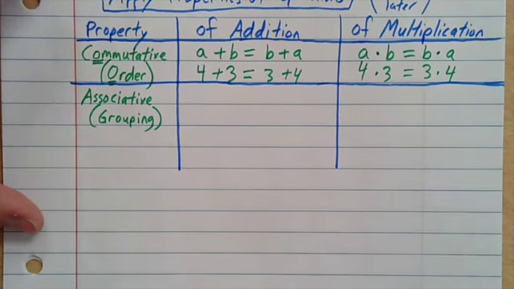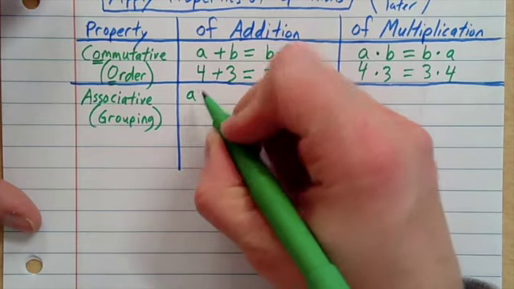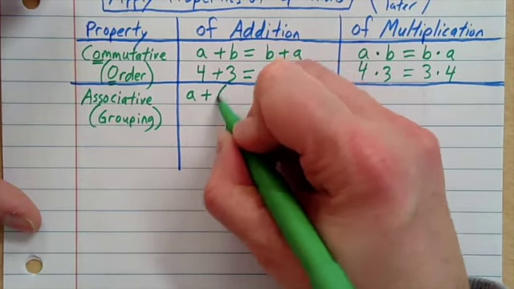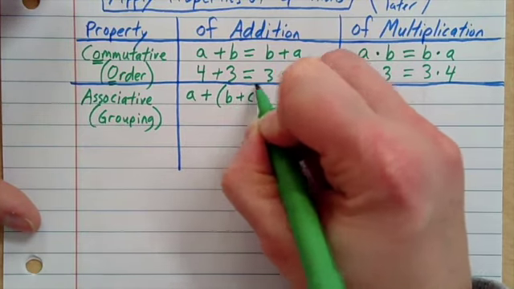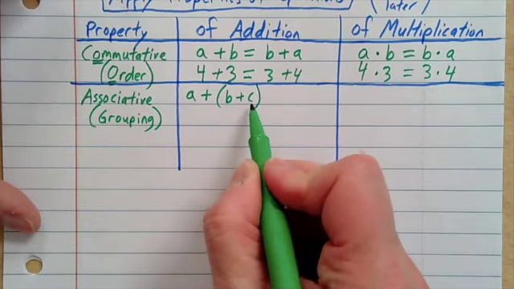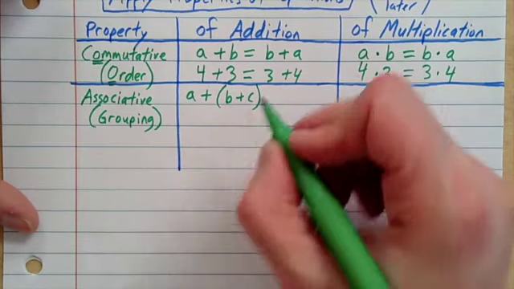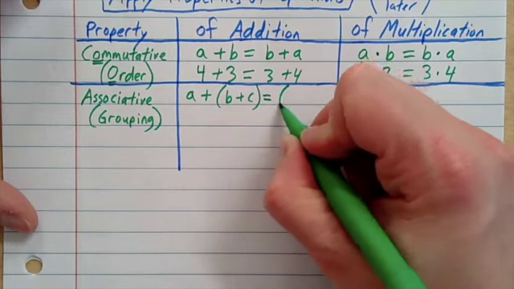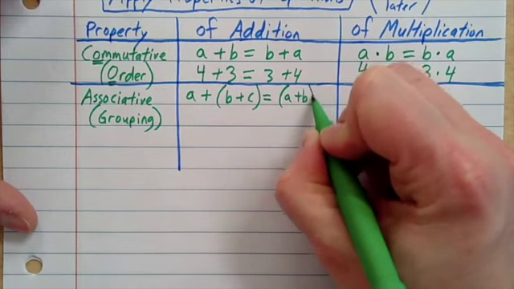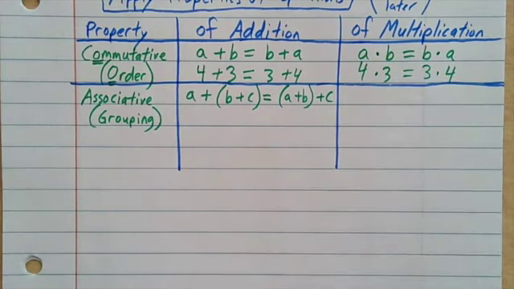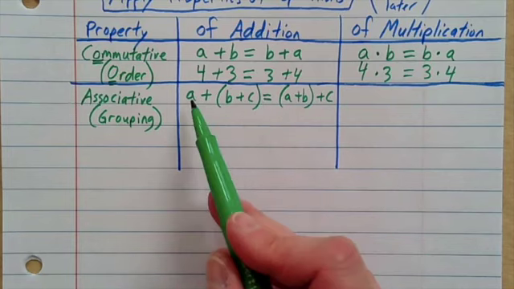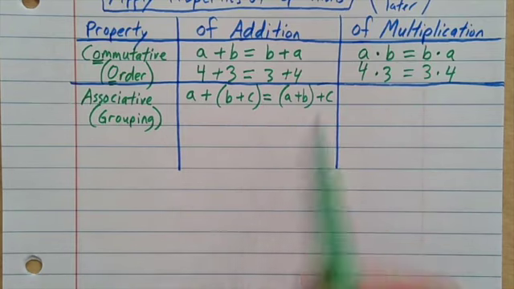So if I say A plus, and then I put the parentheses around B plus C, you would want to solve the B plus C first and then add A. Is that the same thing as if we group A plus B first and then add the C to it? This may make more sense with numbers, but yeah, it's the same thing. It doesn't matter if you group these and then add that one, or group these and then add that one.